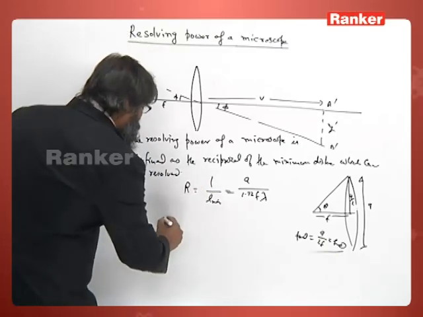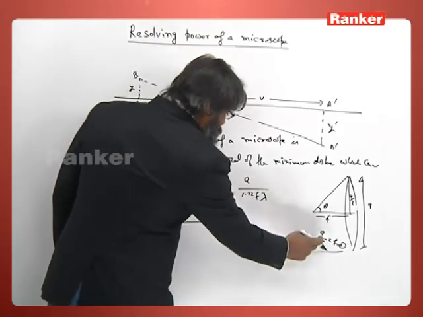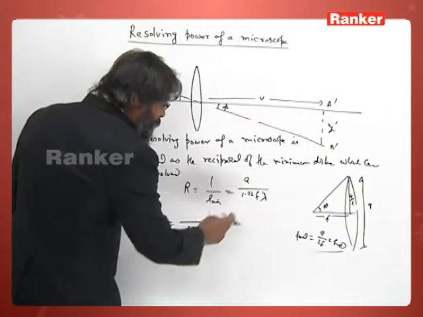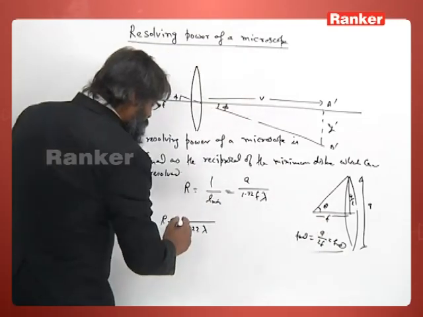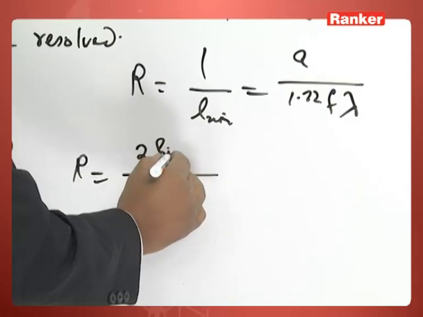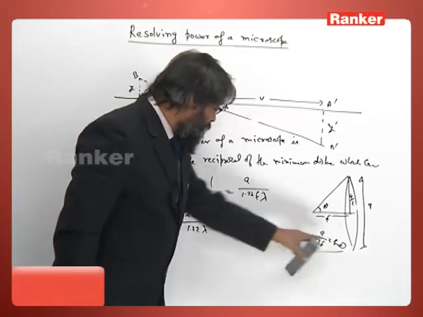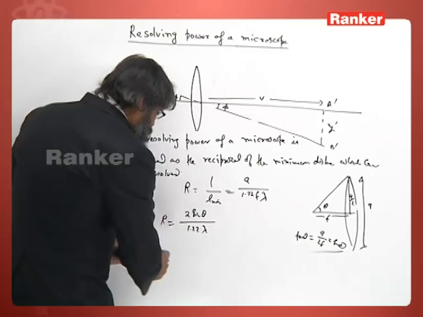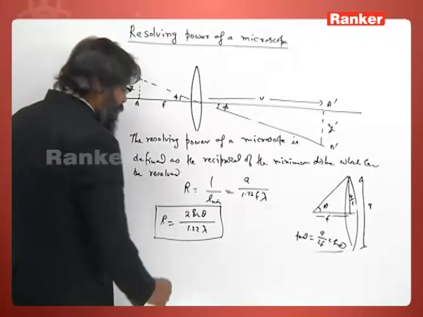So R will be equal to A by f over 1.22 lambda. You see, A by f is 2 sin theta, so R is 2 sin theta by 1.22 lambda.